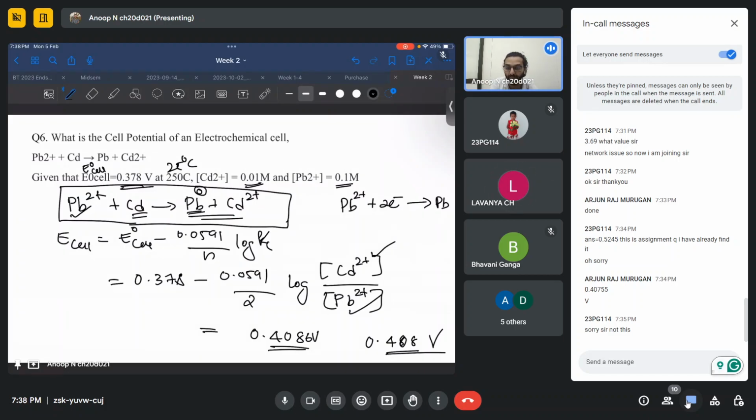So you can write 0.378 plus 0.0591 divided by 2 log 10. Log 10 is 1. So the answer will be 0.0591 divided by 2, but the sign will change to plus: 0.378 plus 0.0591 divided by 2. So it will be coming 0.4086. You might have done some calculation mistakes.